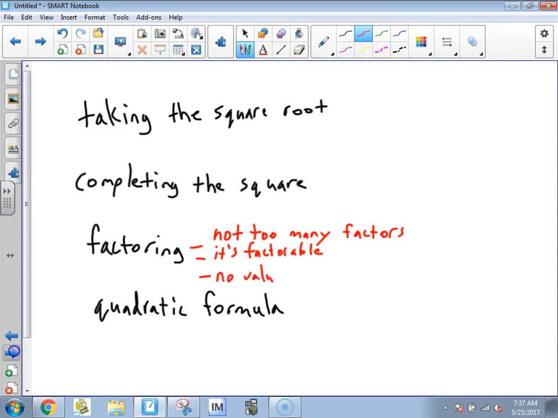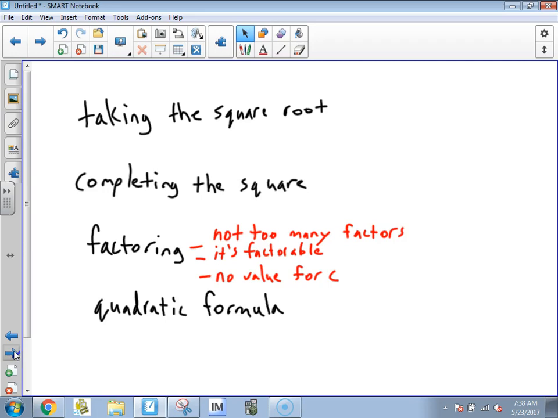So there's just numbers that are in front of the x squared terms, or the x, but no constant.